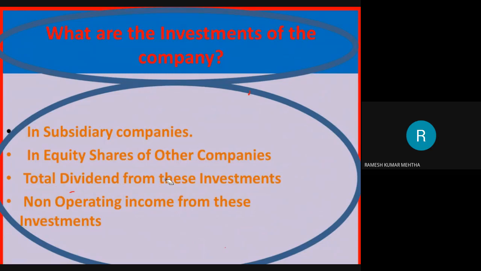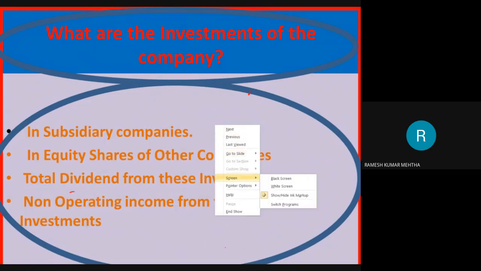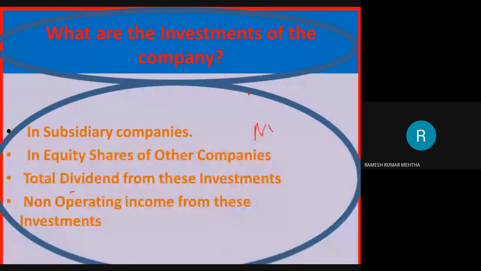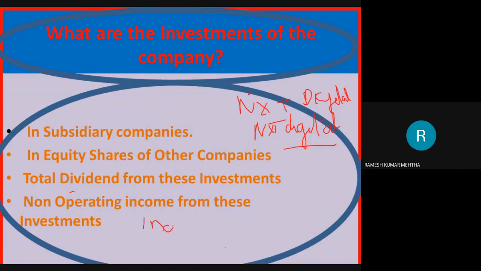Just an example. For example, there is a company, as I've already told, by name Next Digital. Very important concept. Please pay attention. This company has invested in subsidiaries and other related companies, group companies, for example IndusInd Bank.